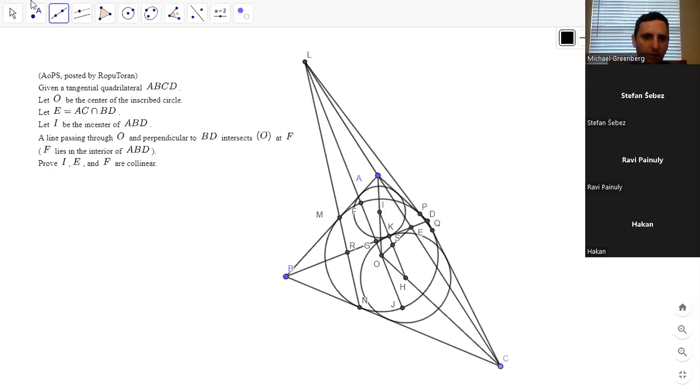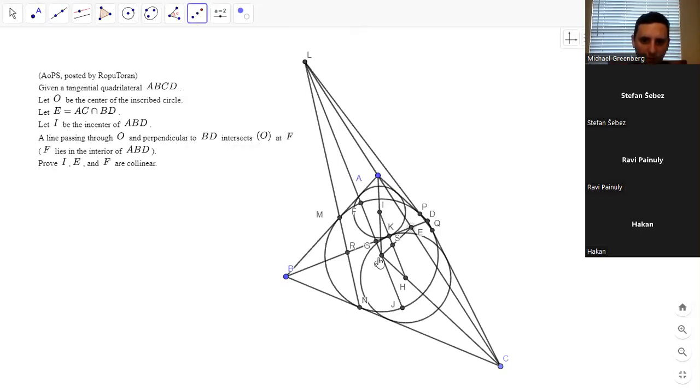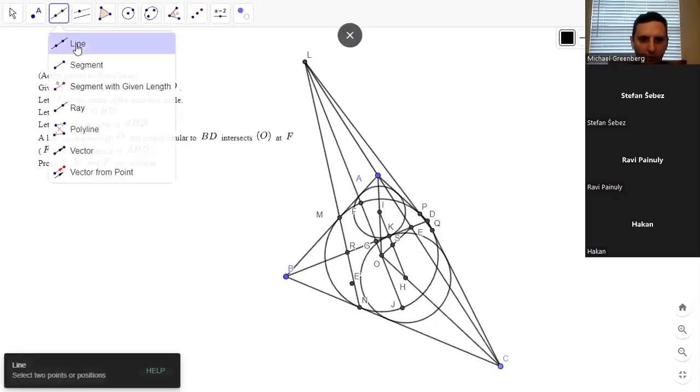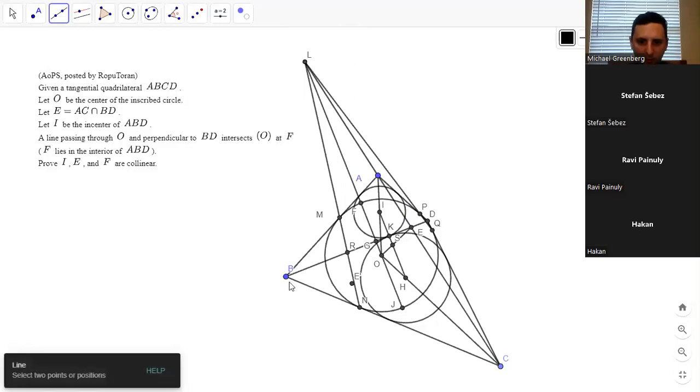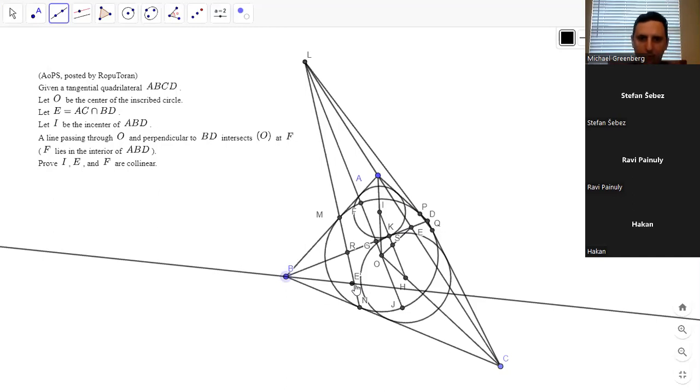Let me try reflecting E over O. If we reflect E over O, I thought there was something special about that point, but I might not be correct.